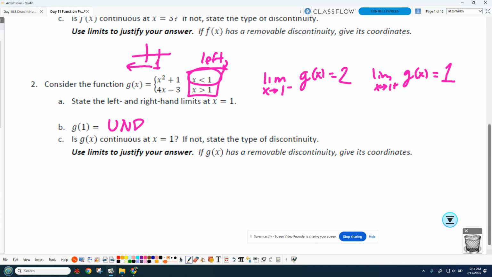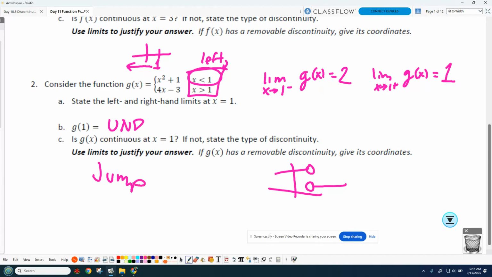What kind of discontinuity? Sophia? I'm not sure. Well, let's think about it. 1 from the left is going to 2. Jump. There you go. So you don't have to graph these, but looking at your answers to those limits, I went here and I went there, 2 really different places.